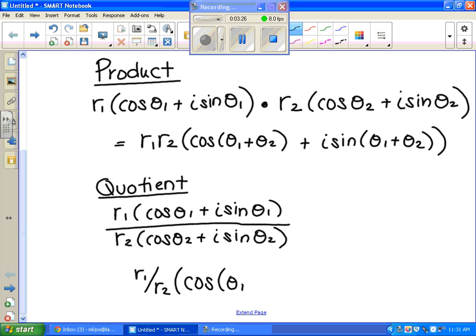Theta 1 minus theta 2 plus I sine of theta 1 minus theta 2.